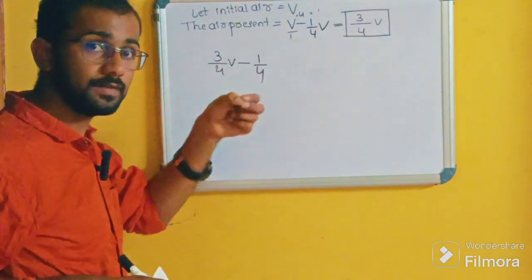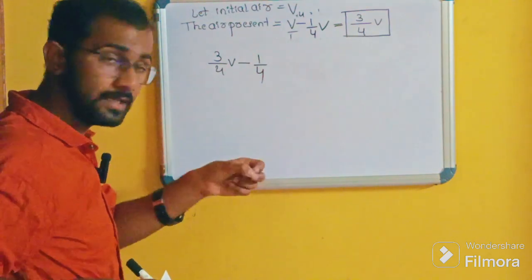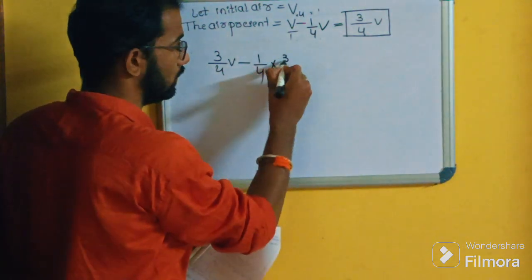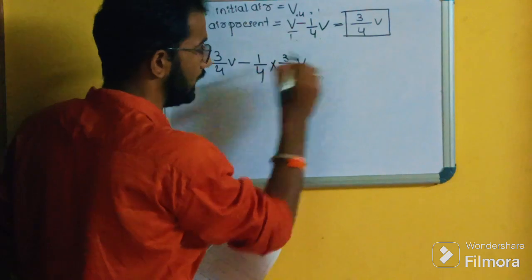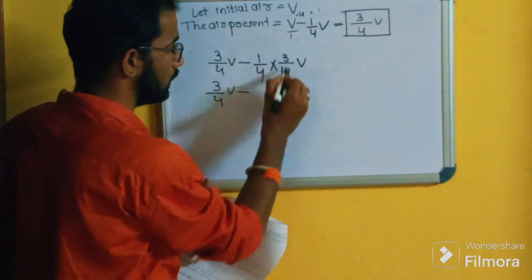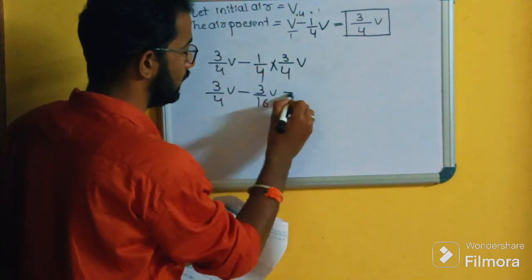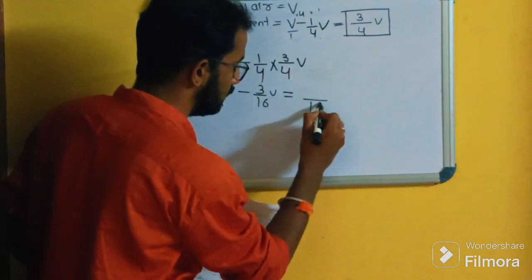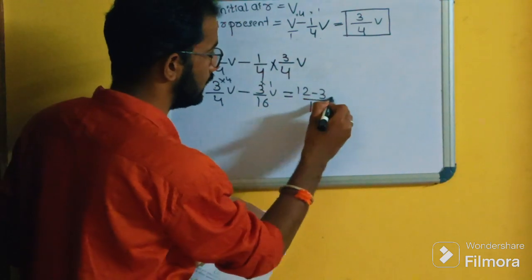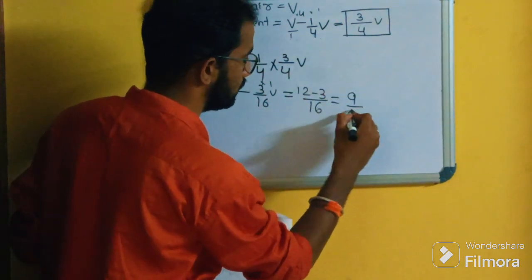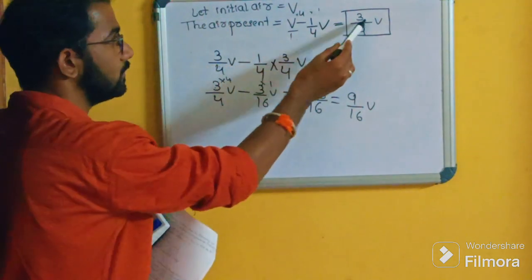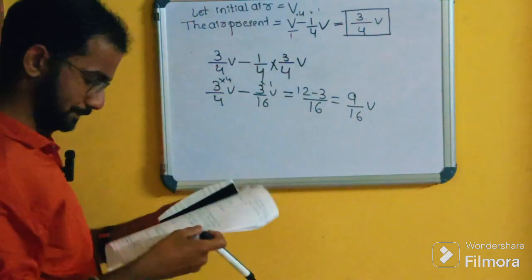After removing the first 1/4, the remaining air is 3 by 4, so we write it as 3 by 4 V. Now 3 by 4 V times 1 by 4 is 3 by 16 V. Now the LCM is 16. 4 fours are 16, ones are 12 minus 3, that is 9 by 16 V. So the first term is this, the second term is this.